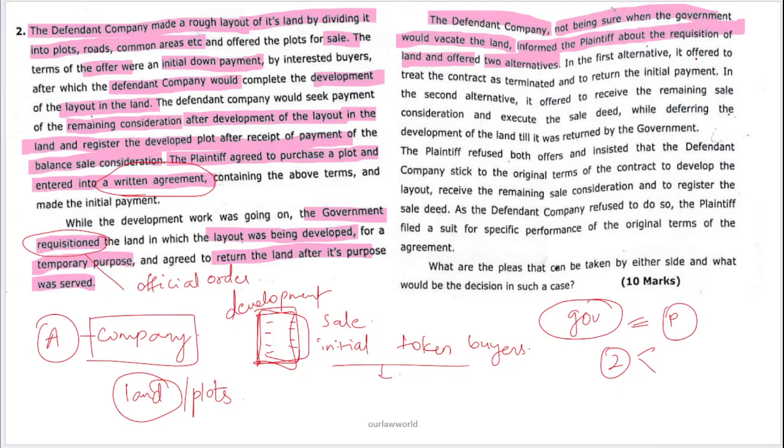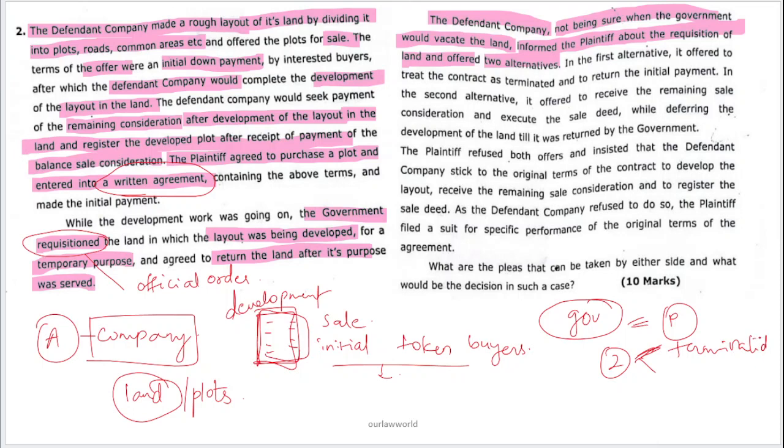In the first alternative, it offered to treat the contract as terminated and return the initial payment. So whatever amount was paid by the buyers, under condition 1 the company said: as we are not sure when the government will return the land to us, we'll give back your initial payment and treat this contract as terminated.